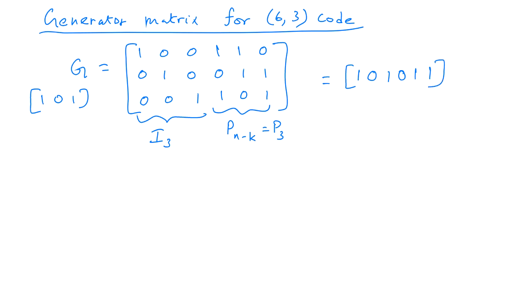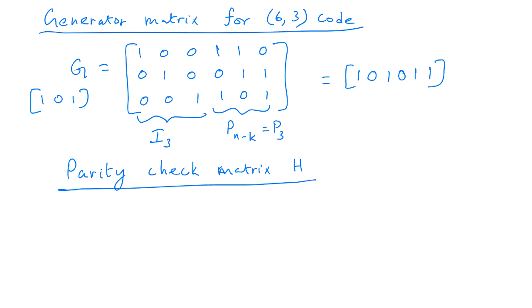And similarly, produce the H matrix, which we call the parity check matrix, for the decoding part. Okay, how do we make the H matrix? We take the P matrix as it is and write it.